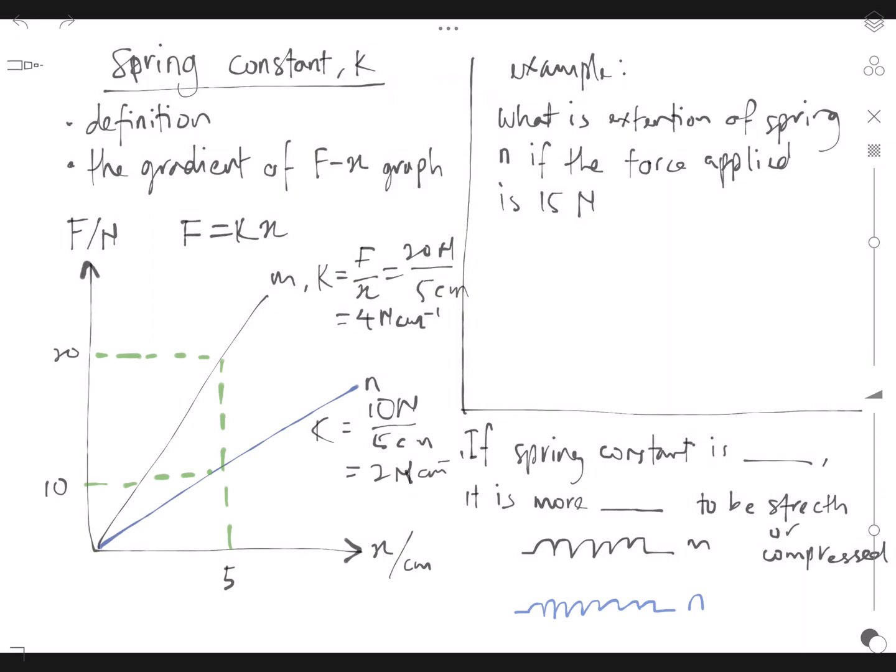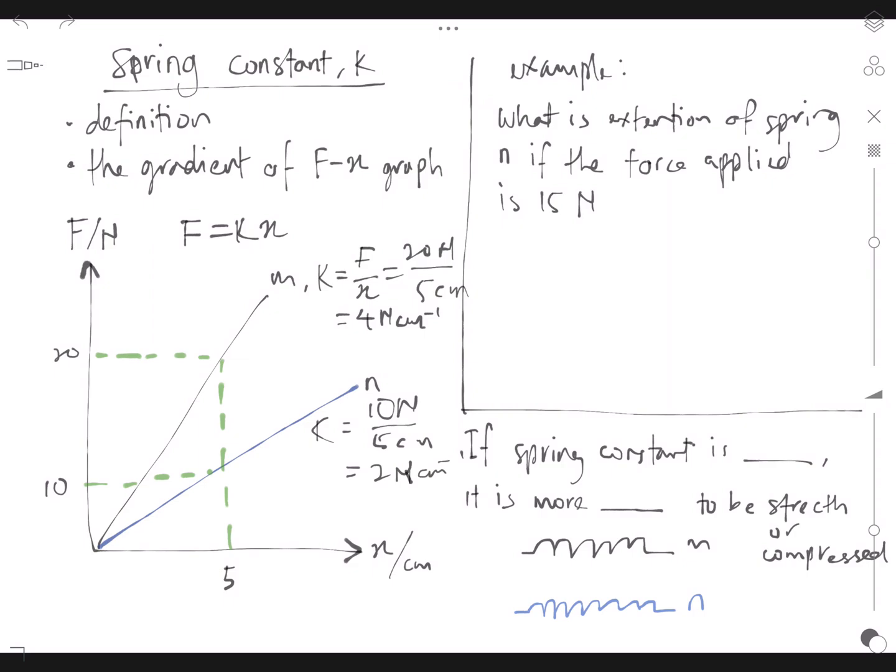So we can understand that it is less stiff. So we can say that N is less stiff than M. So the gradient of the graph, or the spring constant, we can say that if the spring constant is higher, the spring will be stiffer.